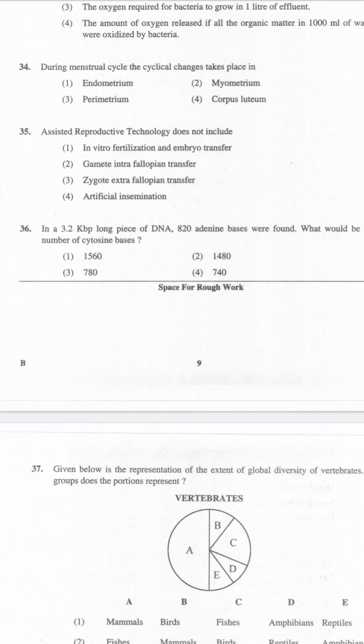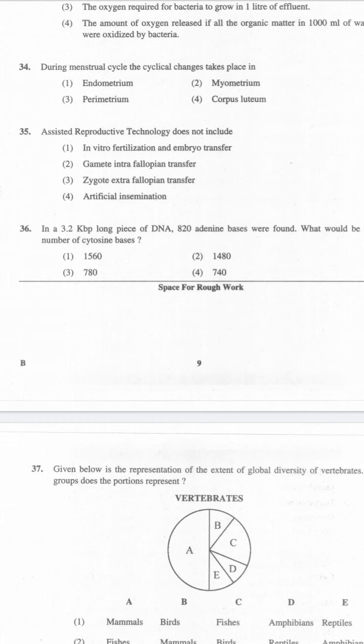So the total number of cytosine plus guanine will be 3200 minus 820 into 2, equals 1560. The number of cytosines is equal to guanine. So the cytosine bases in the DNA can be calculated as 1560 by 2, equals 780. Hope you understood this calculation.